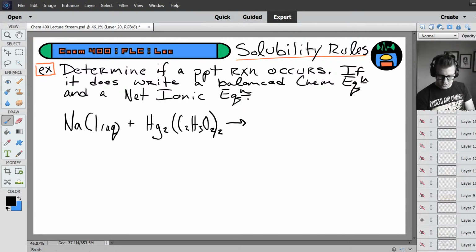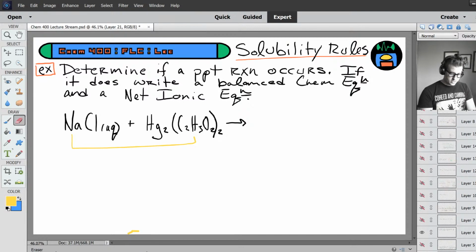Does this produce a chemical reaction, a precipitation reaction? Now if it does, we'll see sodium pairing with acetate, and we will see mercury pairing with chloride.